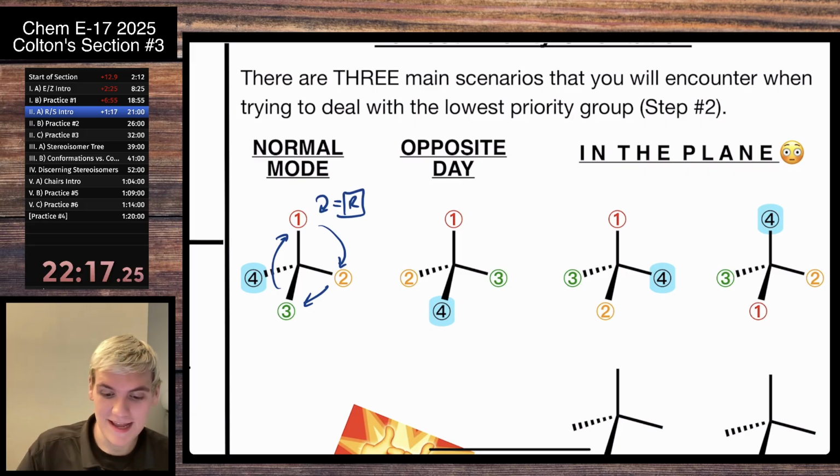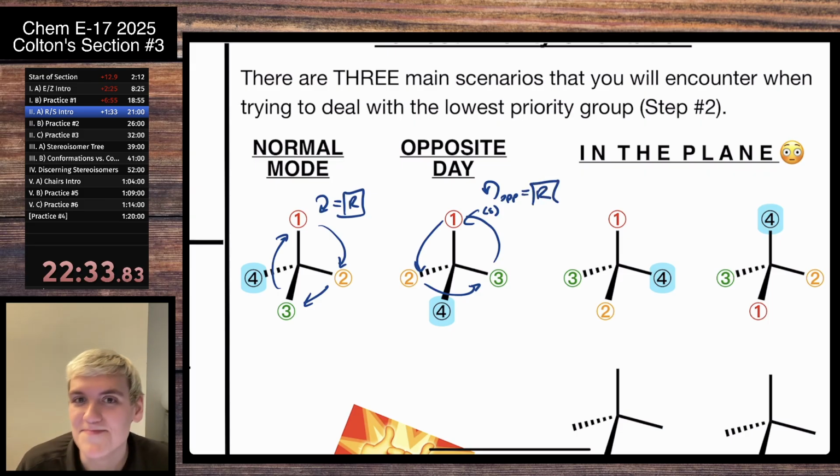So what we do is bury our head in the sand. We just say, okay, I'm going to trace 1 to 2 to 3. It's counterclockwise here, which would normally be S, right? Counterclockwise is S, but it's opposite day. So actually, it's going to be an R stereocenter. And so it's really just as simple as that, of the opposite day.